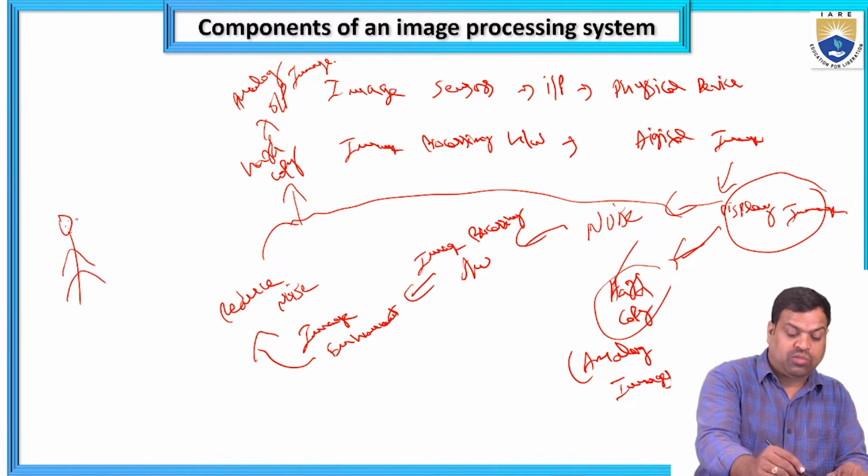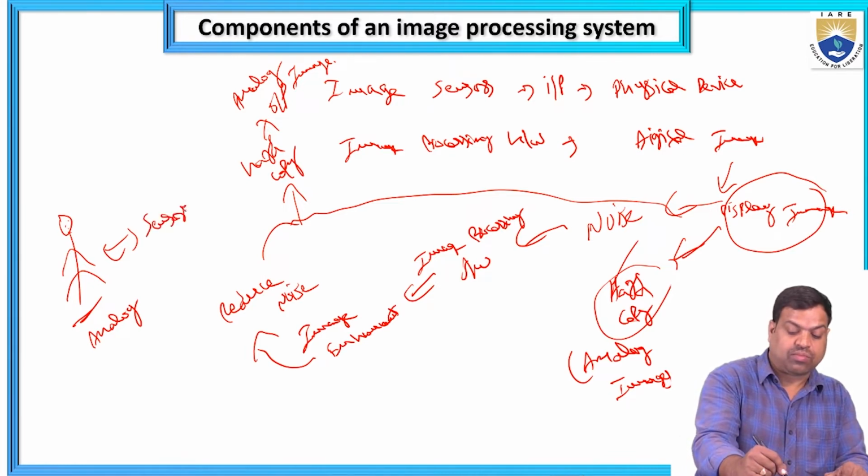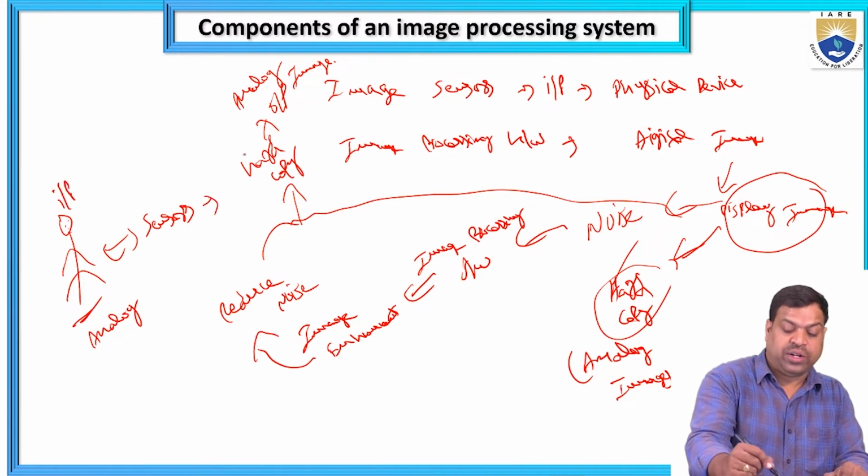Suppose, for example, one person is there, and this person is analog. With the help of the sensor, this person is the input and the sensor is a mediator.